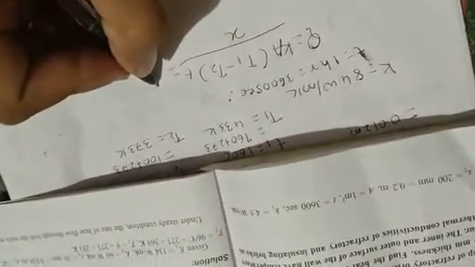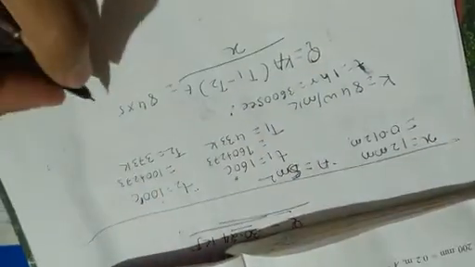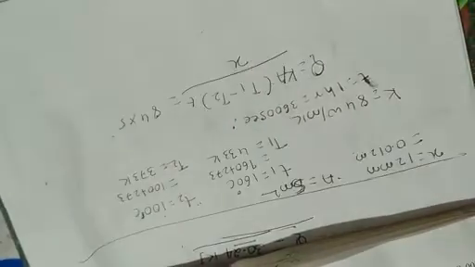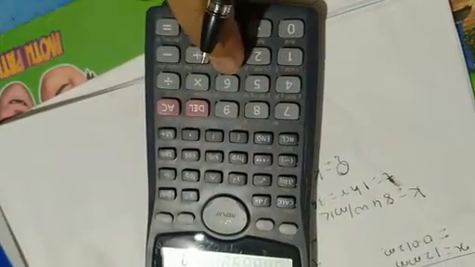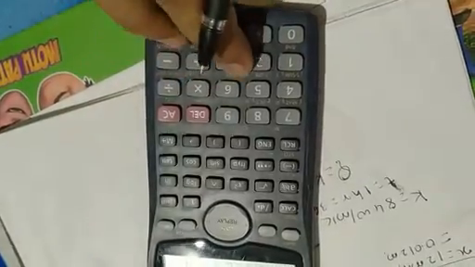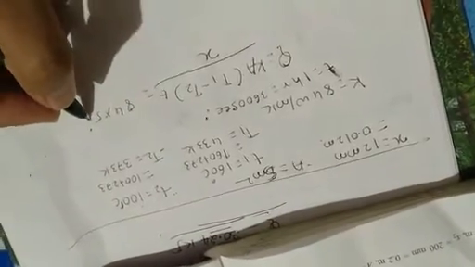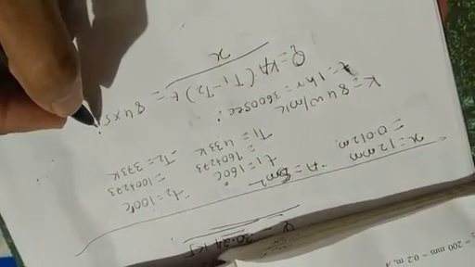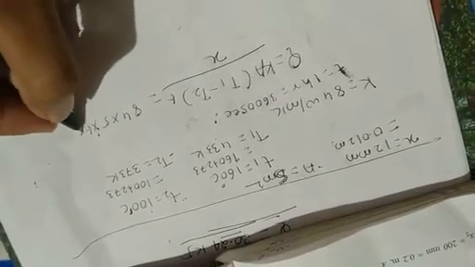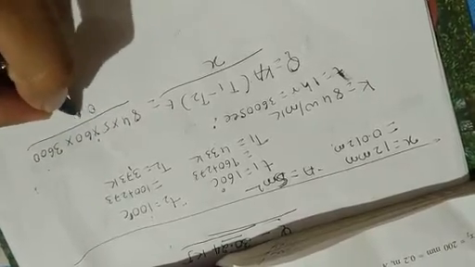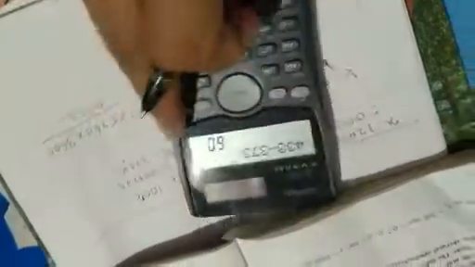So K is 84 into 5 into (T1 minus T2), that is 433 minus 373, 60, into 3600, divided by 0.012.